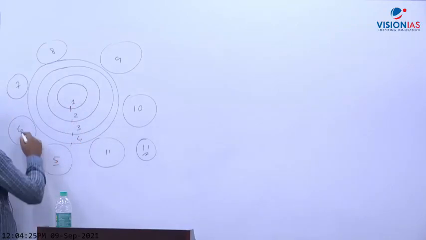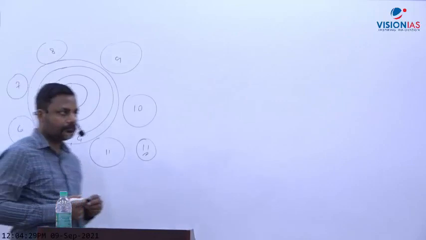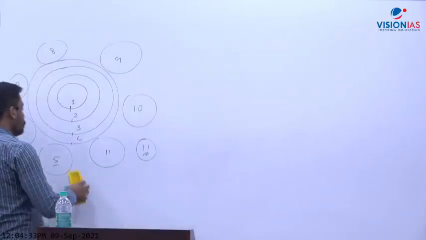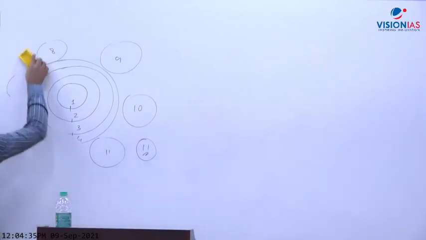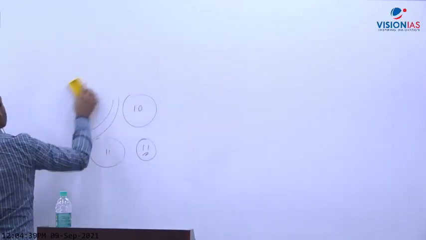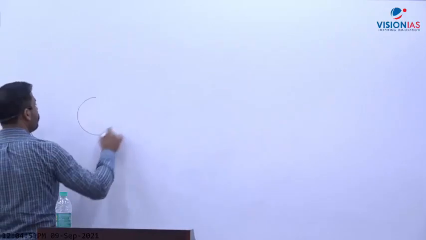Now from here 5, 6, 7, 8, 9, 10 and 11. 11 circles are there. So counting the circle is the easiest type, as we do not require any trick or formula. All we have to do is to count manually, like this.